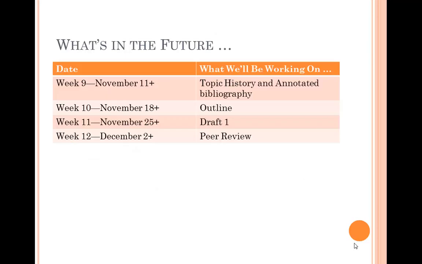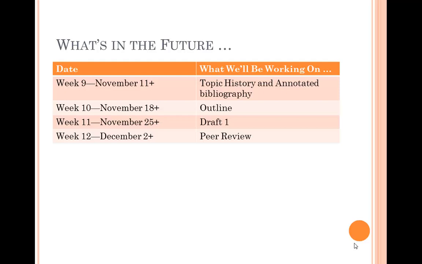Finally, I just want to give you a brief view of what's in the future. Now, granted, your paper is going to push all of these dates a week back because your research prospectus is actually going to be due on November 11th now. So your topic history and annotated bibliography will be due on November 18th.